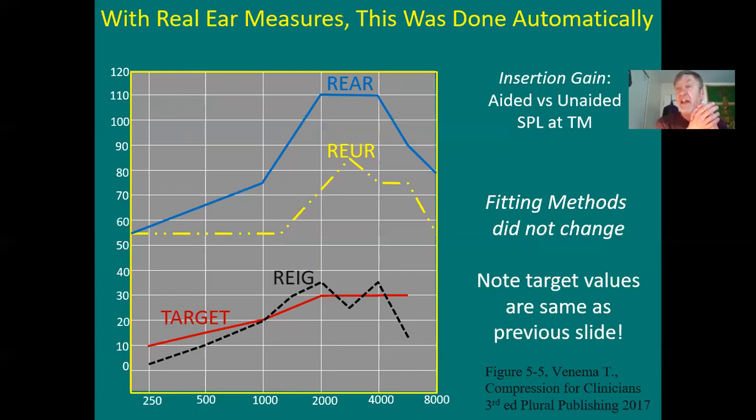Another 10 seconds. Instantly, your R-E-I-G, real ear insertion gain, is calculated, and you just eyeball it and see how close it is to the target. Is it nice and close to the target? Then D is for done. You're finished. Okay, that's how they did it.